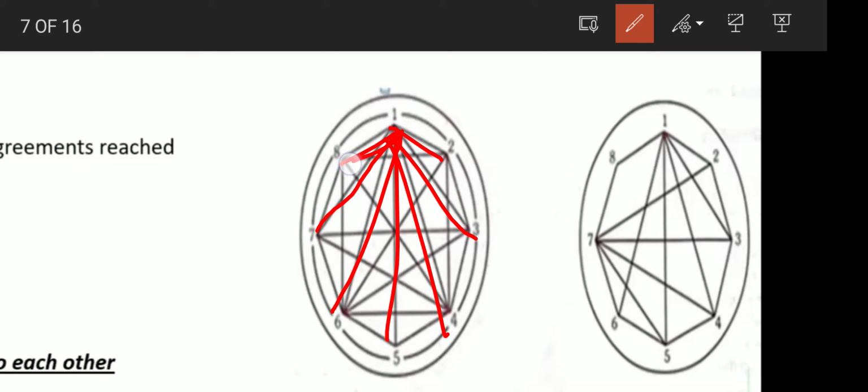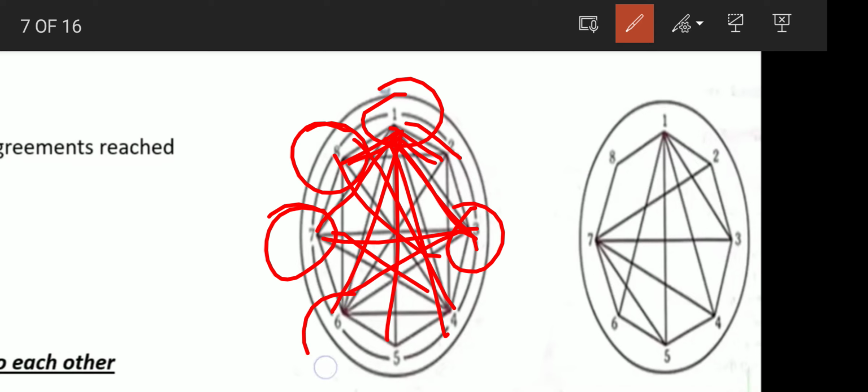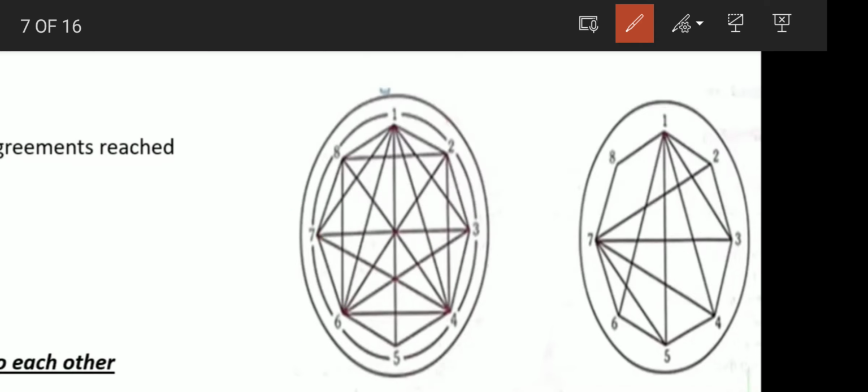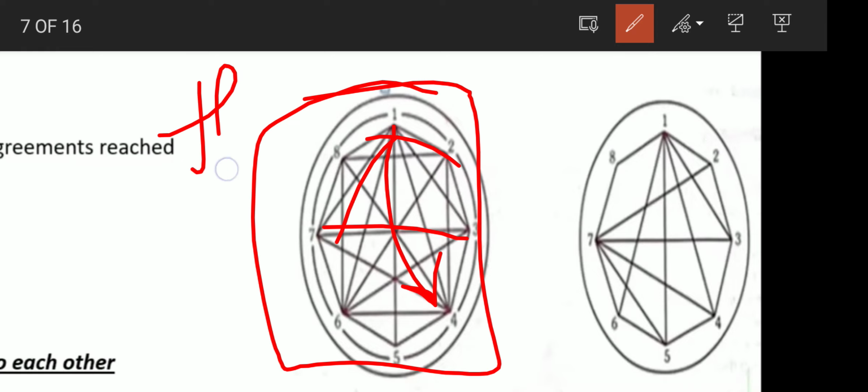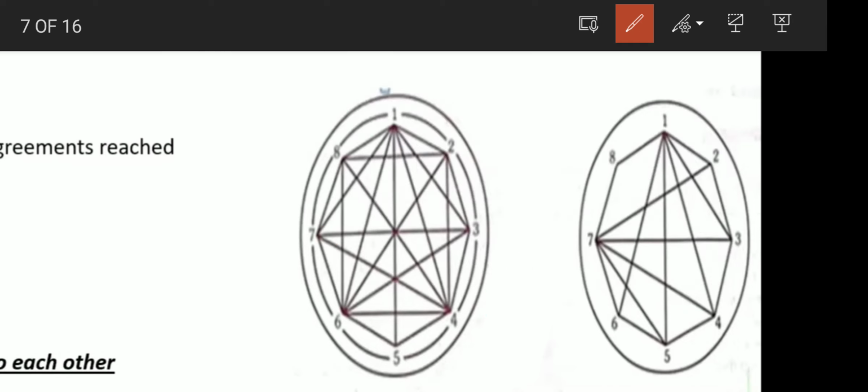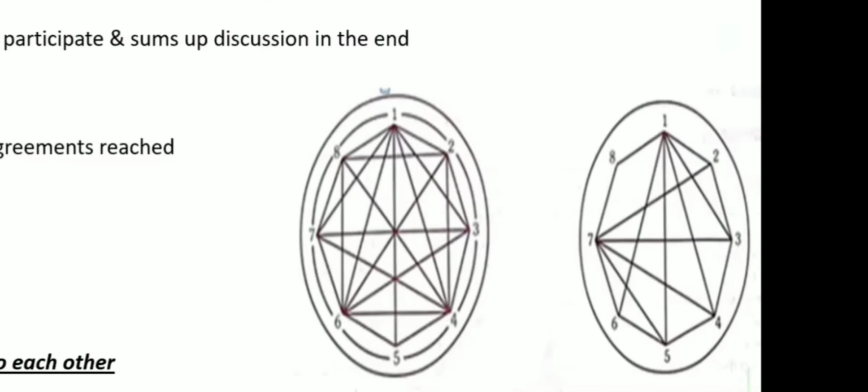He is communicating with all the members of the group. 3 also is communicating with everyone, and 4 also. Each member listens to others' ideas and also gives his ideas to others. That is how a healthy good group discussion occurs, wherein equal participation from all the members of the group is observed.